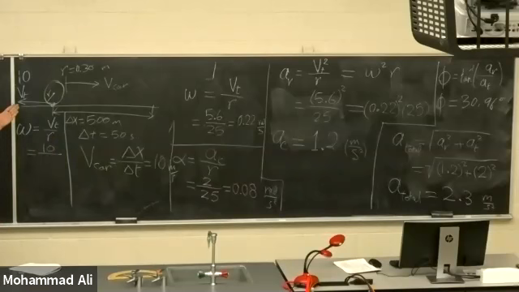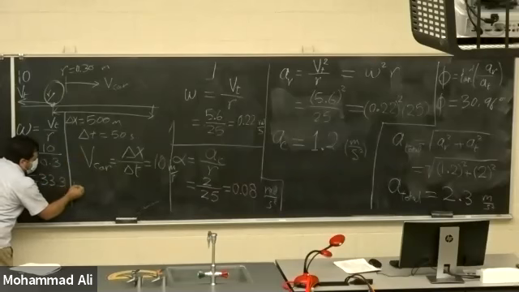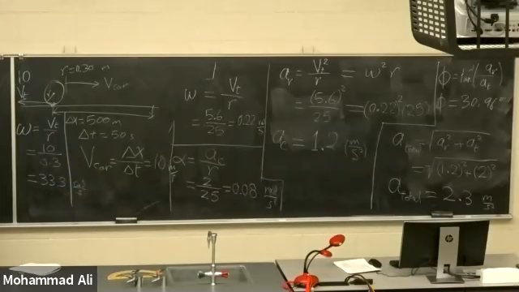And the radius is 0.3. This will be equal to 33.3 radians per second. This is the rotation velocity for the tires.